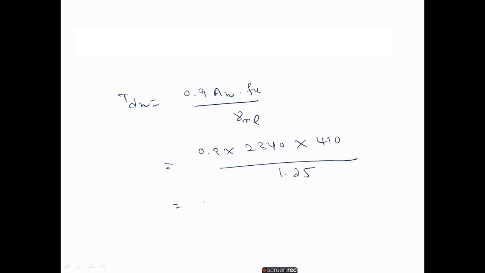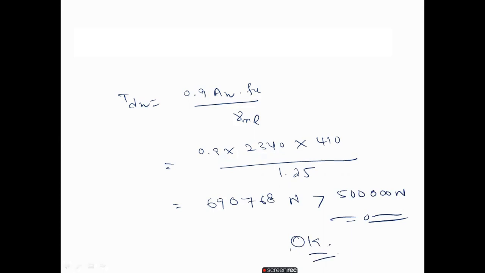Once you calculate this, you will get the answer 690,768 newtons. It is greater than our design load of 500,000 newtons or 500 kilonewtons. So in rupture also it is okay. And the third thing is block shear. Now we will enter into the block shear strength, the third formula.